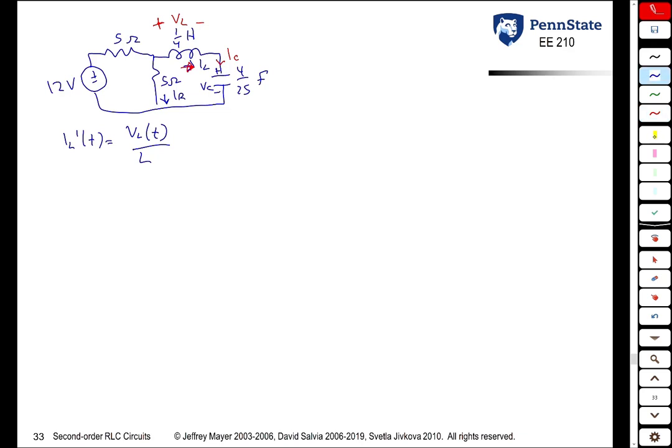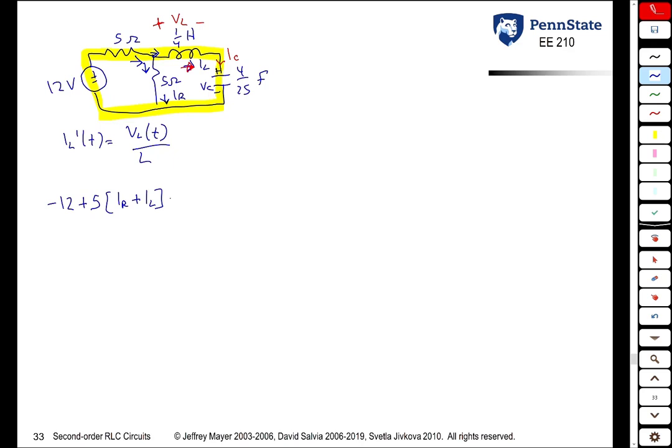Let's do a KVL along that loop. We get minus 12 plus 5 times the current through that resistor. But the current through that resistor is just IR plus IL. This current branches down into that current plus that current.